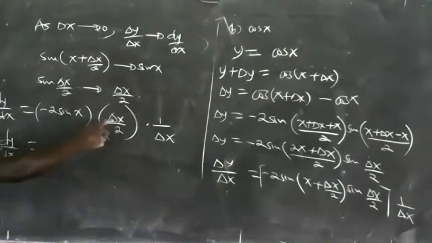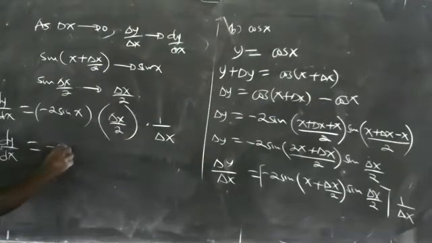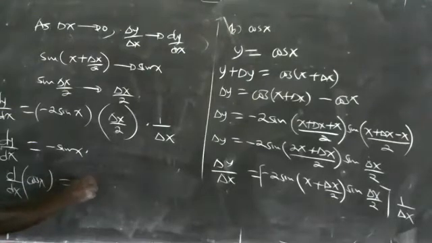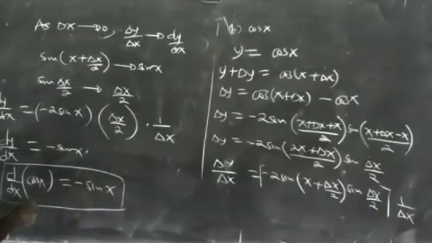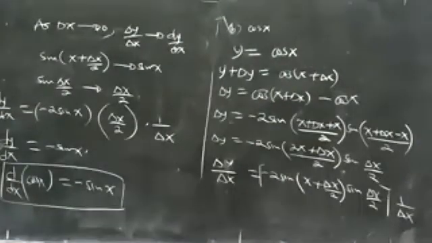The two can go, then the change can go. And we make the negative sine of x. Meaning this should simplify because you get negative sine of x. Okay, you can write that.